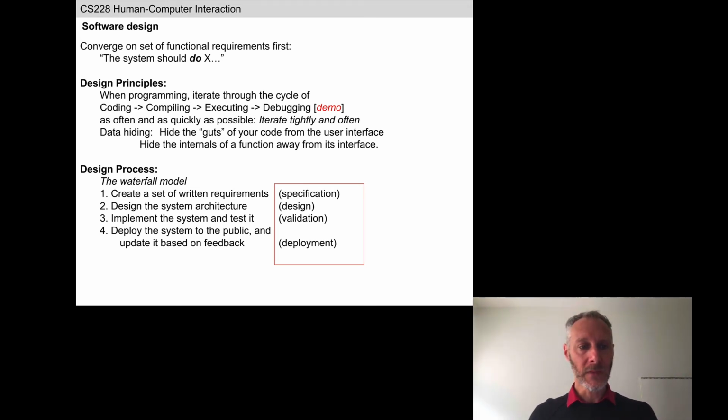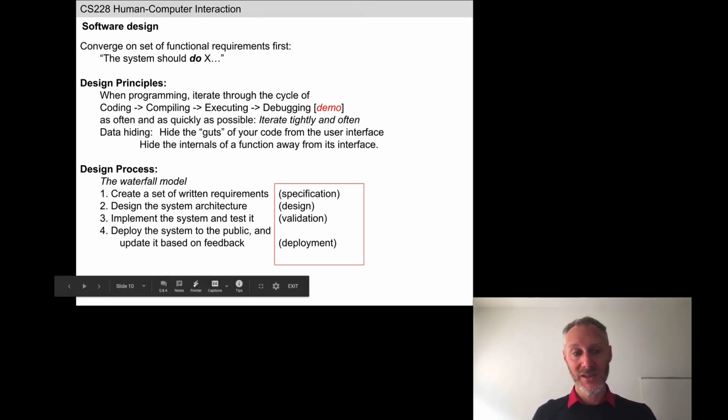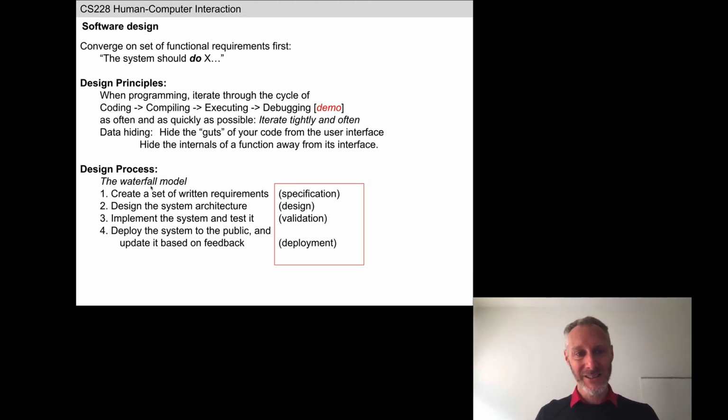Yeah. So there are different design processes that have become much more popular in software engineering, collectively known as agile methods, which are kind of the opposite of the waterfall model. Those alternative methods are particularly useful when users can't well articulate what they want their system to do. Let's imagine that you sat down with a friend and said, hey, listen, I have this thing called a leap motion device.